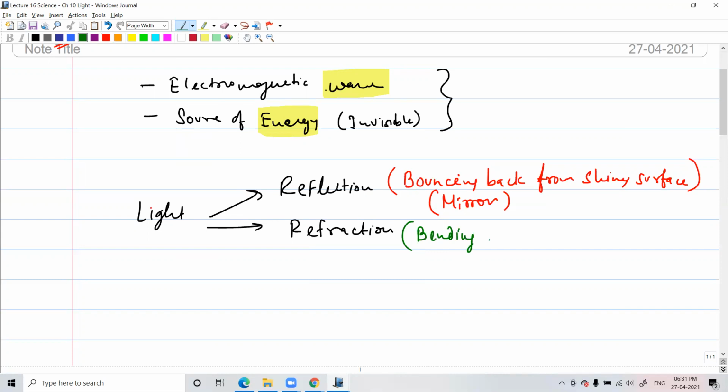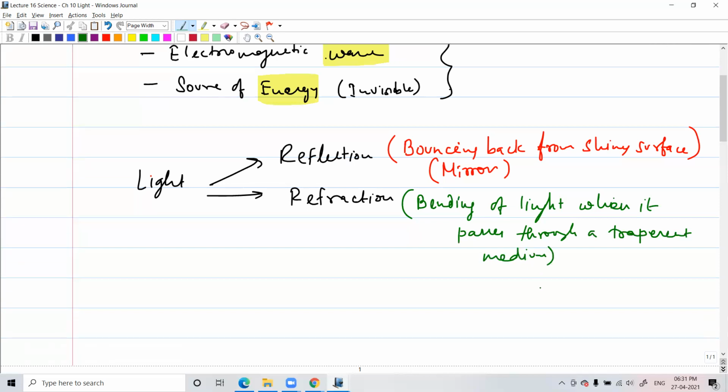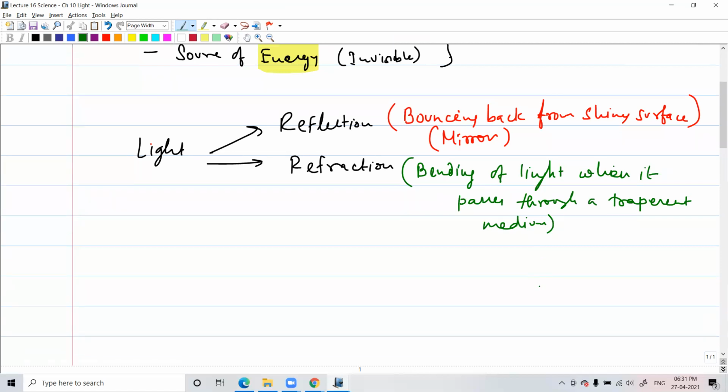Basically, the light bends, so we can call it bending of light when it passes through a transparent medium. Only in transparent, sir?